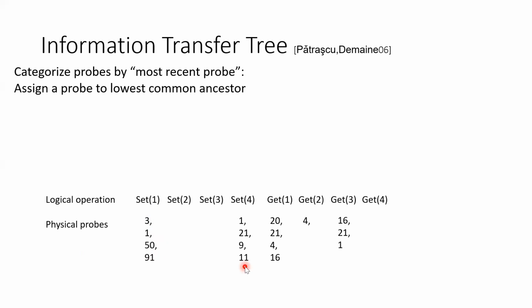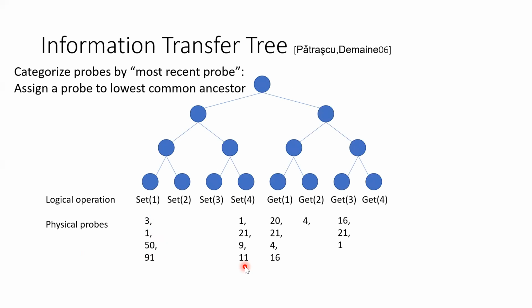Then this information transfer technique builds a complete binary tree corresponding to the number of logical operations, and associates each tree leaf with one logical operation sequentially. So if we have 8 logical operations, that's a complete binary tree with 8 leaves.